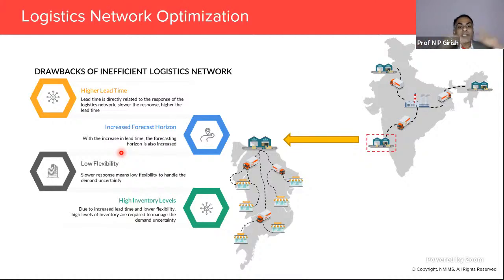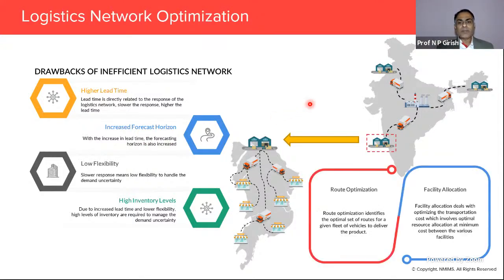Demand changes, you can adjust up, you can't adjust low. That's the next point: longer lead time, longer horizon, low flexibility. Because of the low flexibility, and because of demand and supply variability, you have to keep higher inventory levels, which leads to obsolescence, write-off cost, etc. That is the reason for us to keep the network in an optimal manner.